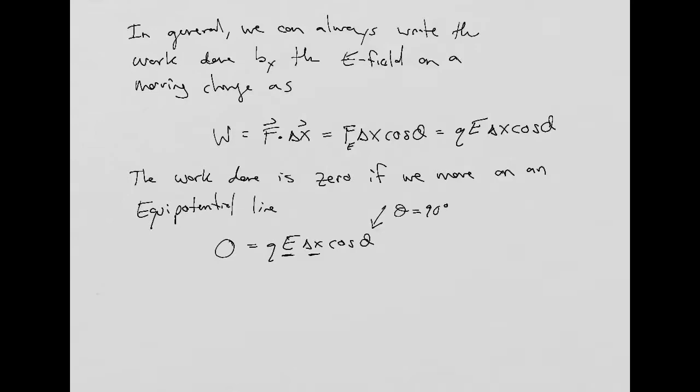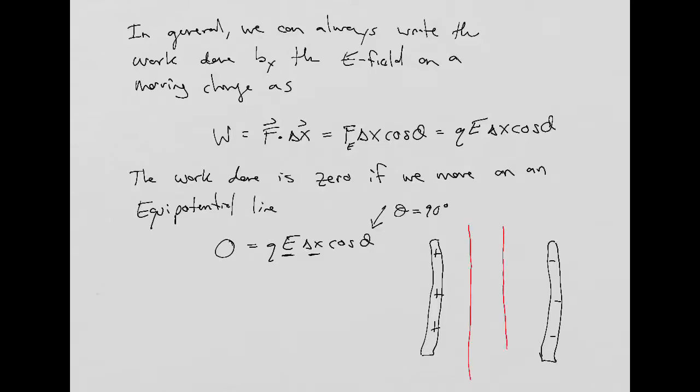Okay? So what this means is that if you go back, let's draw that parallel plate again. Plus, plus, plus. Minus, minus, minus. Here were our lines of equal potential.